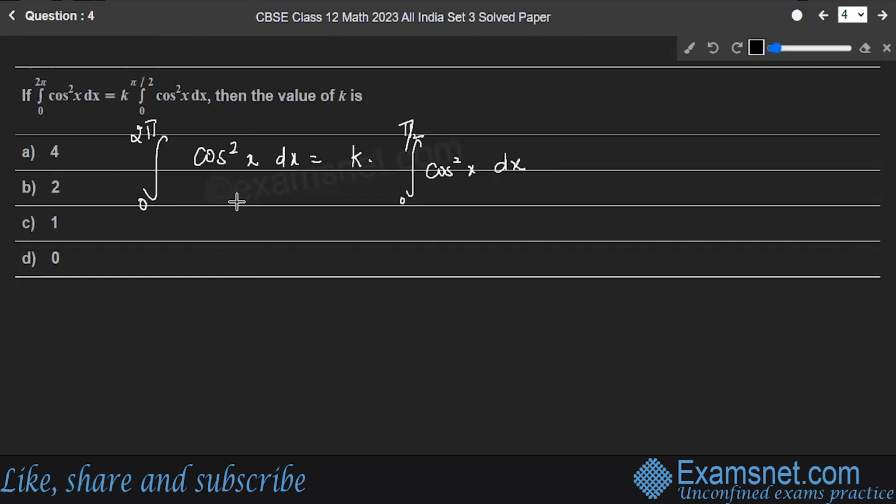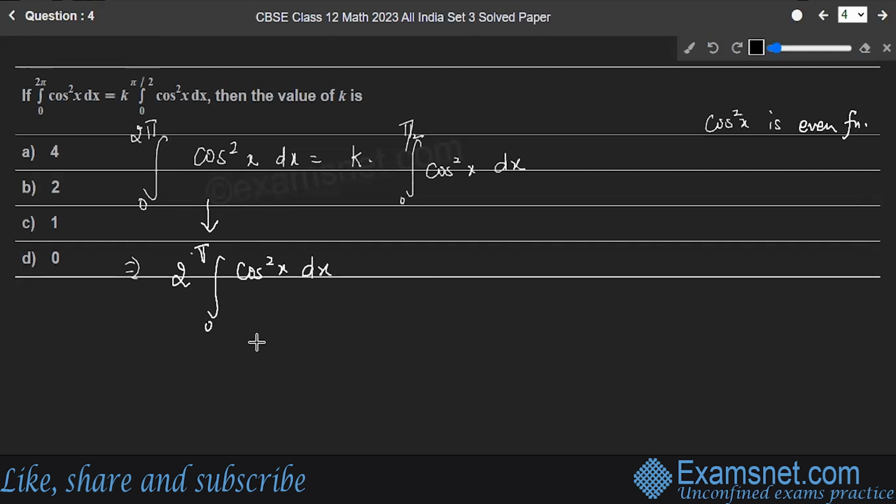See, cos square x is an even function, right? Therefore, this can be written as 2 times the integral from 0 to pi of cos square x dx.